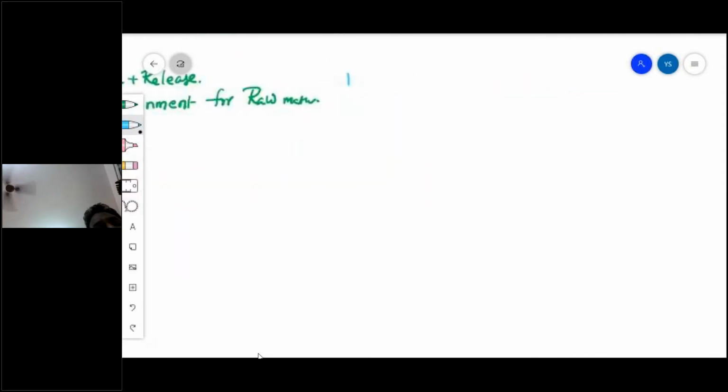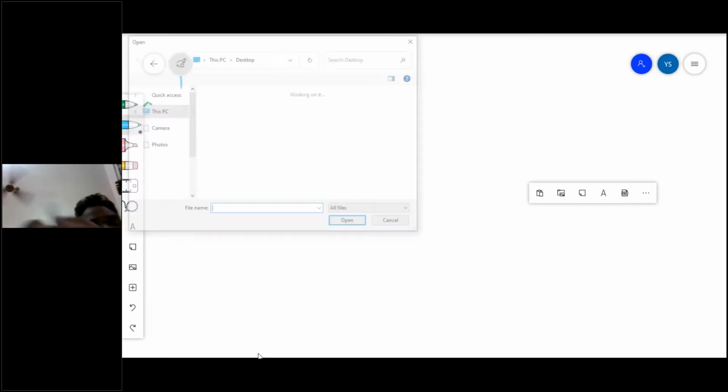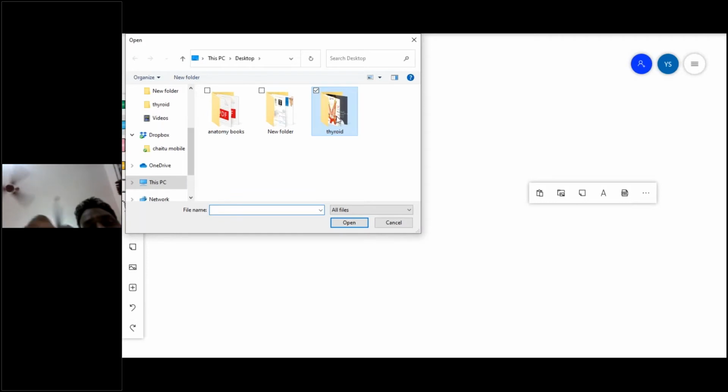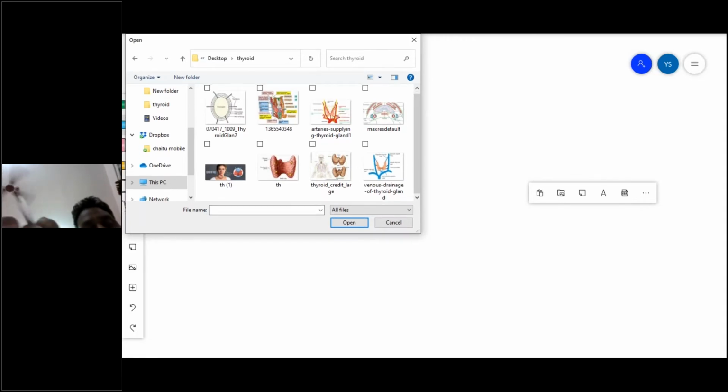Where have you seen it in the dissection of the thyroid gland? In the deep dissection of the neck. That dissection is only going on in the dissection. So that is the location. So what is the location?